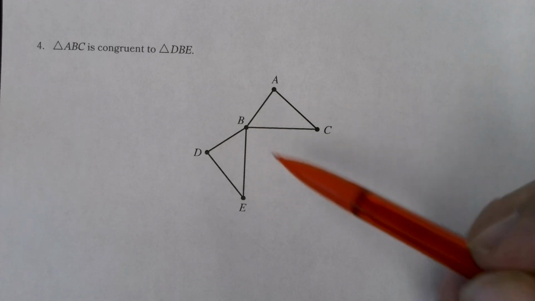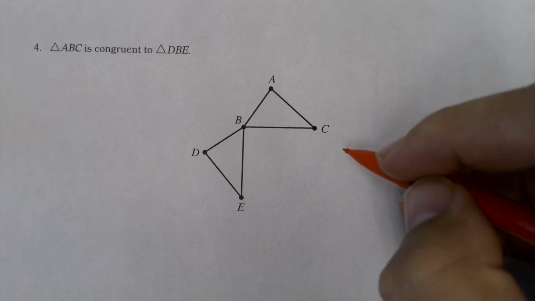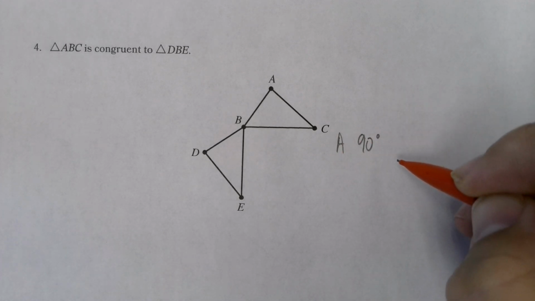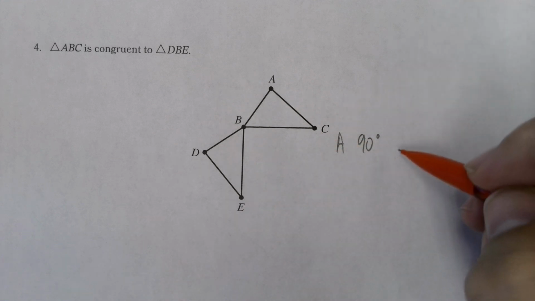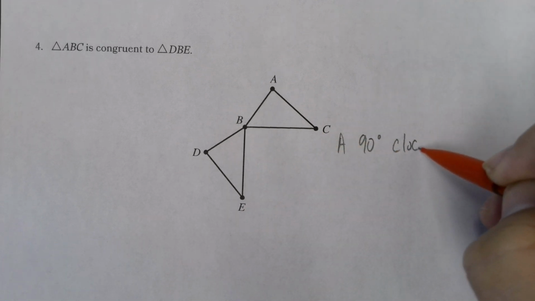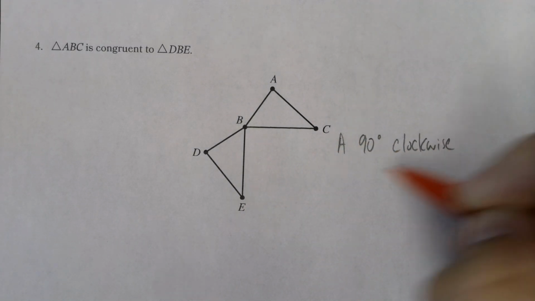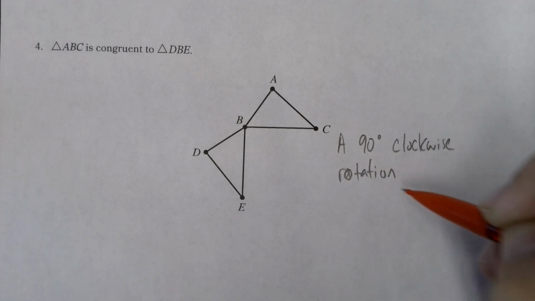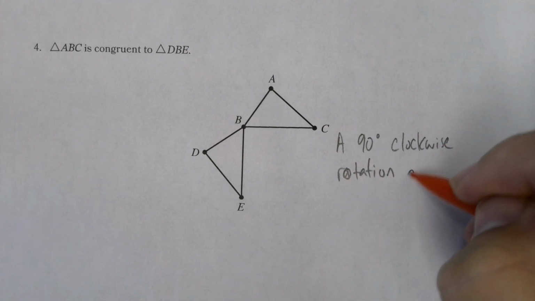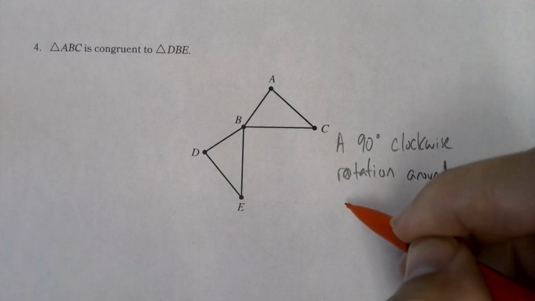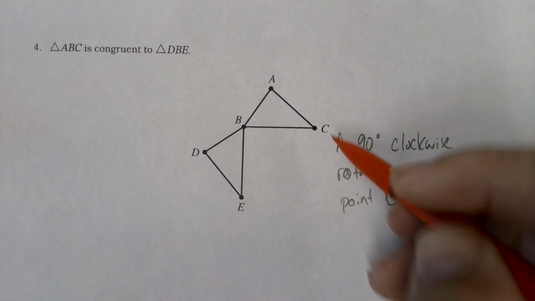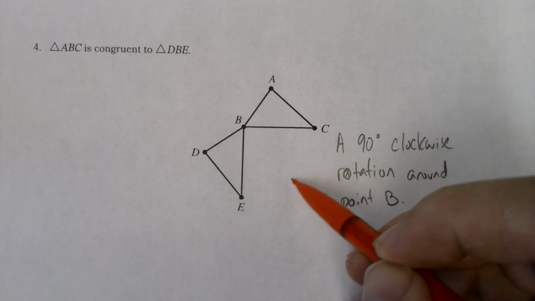Well, if I rotate 90 degrees clockwise, a 90-degree clockwise rotation around point B, that's going to bring this triangle down here.